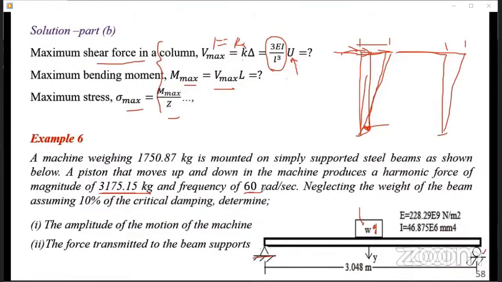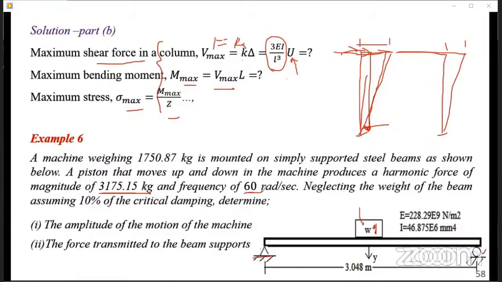At this stage, even without going further, somebody can write the expression for the forcing function. Barnabas Ball, you are writing that F naught is equal to 50,000 sine 11t.